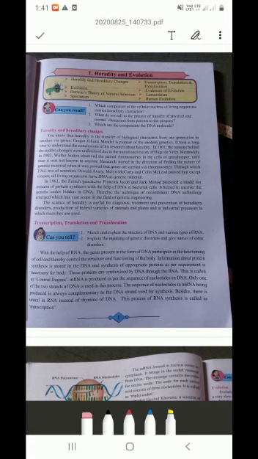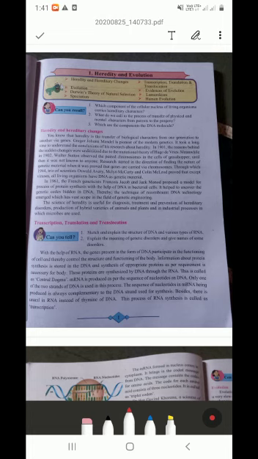Welcome to this session. In this session we will study the biology first lesson, first part, heredity and evolution, 10th class, Maharashtra board, English medium.